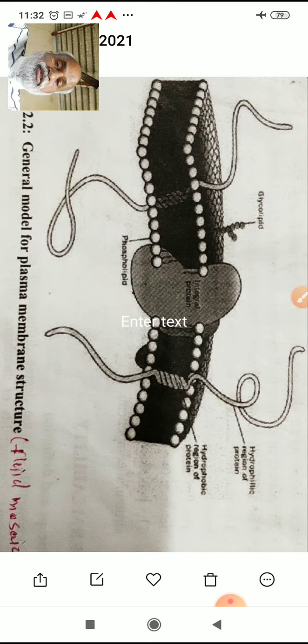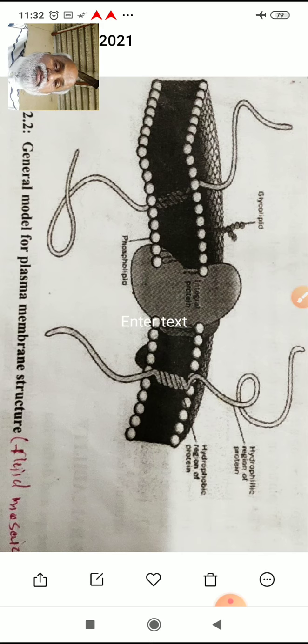How to define the plasma membrane? We will try to define it as a biological membrane which is composed of two layers of phospholipids embedded with proteins.